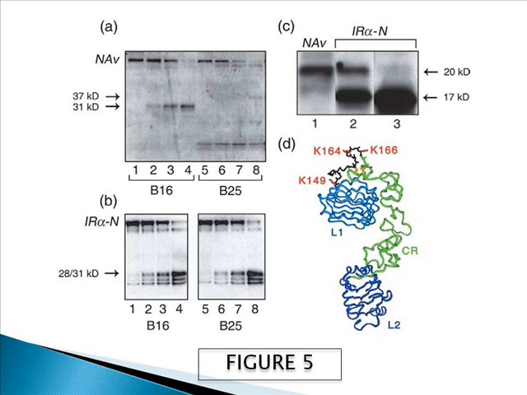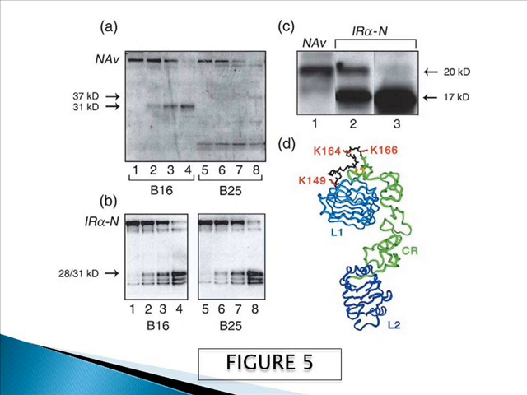A unique amino terminal 31 kilodalton cross-linked glycosylated fragment was hence identified in PAP B16 cross-link complexes in lanes 1 to 4 in figure 5A and B, but not in PAP B25 cross-link complexes in lanes 5 to 8. Figure 5D is a homology model of the L1-CR-L2 sites, which predicts exposed tryptic sites at positions K149, K164, and K166.